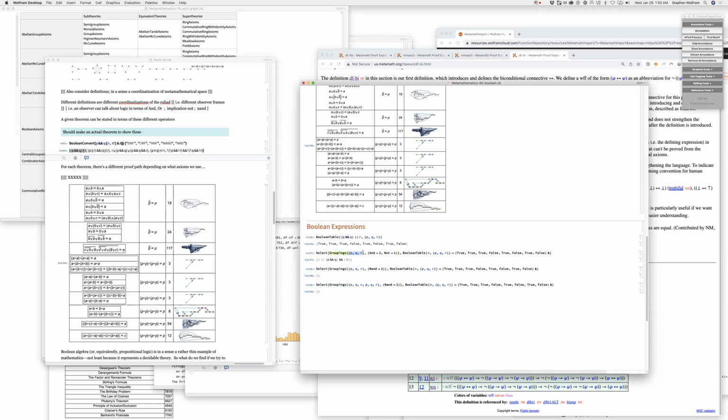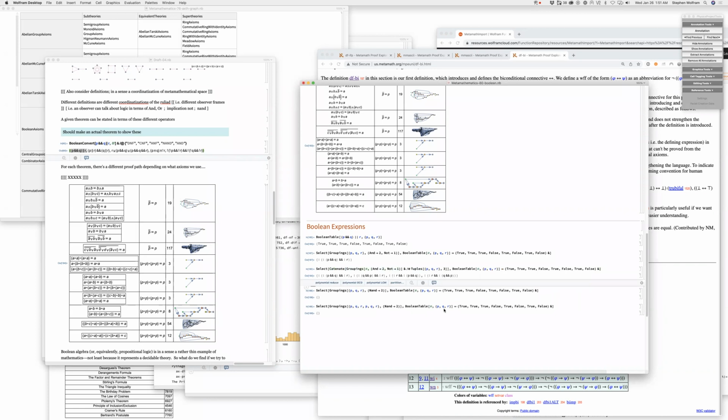We want this to be mapped over tuples. Mapped over tuples of PQR, let's say 3. And then it's the catenate of that.